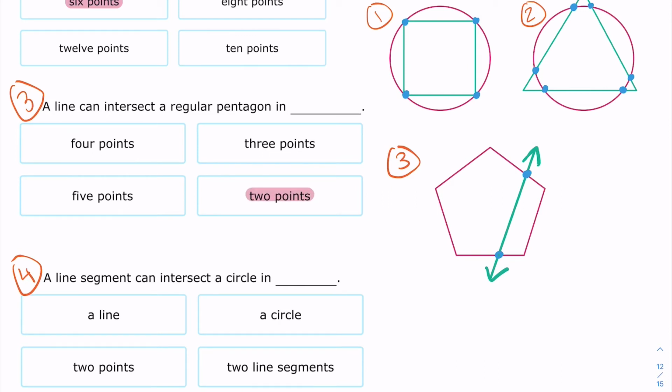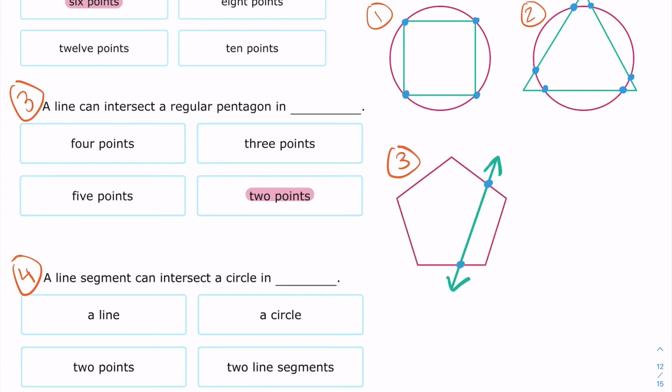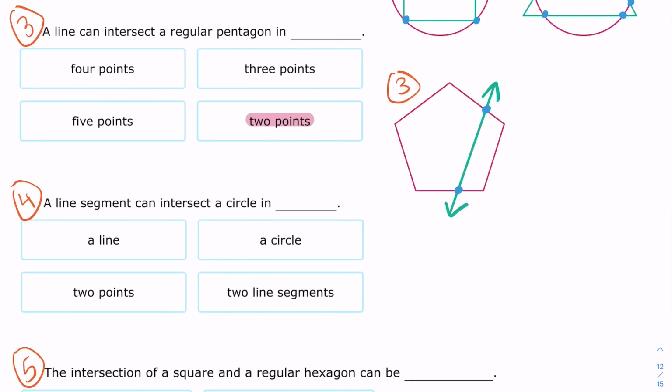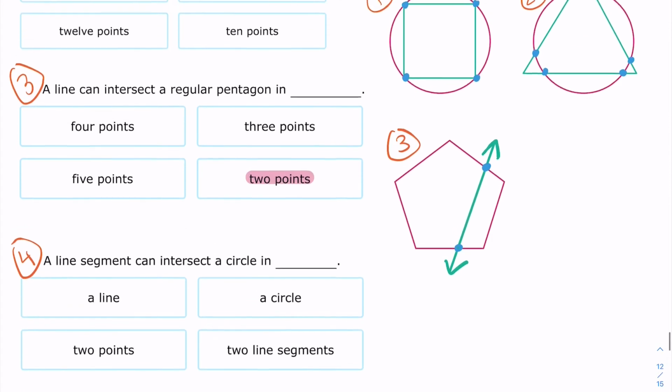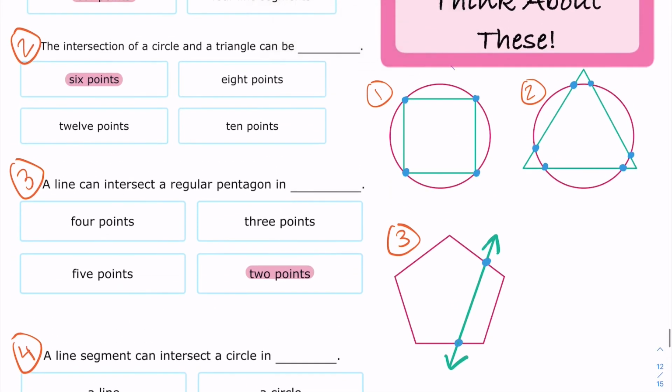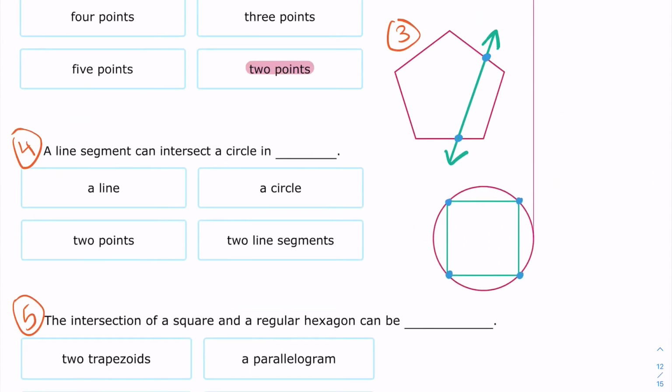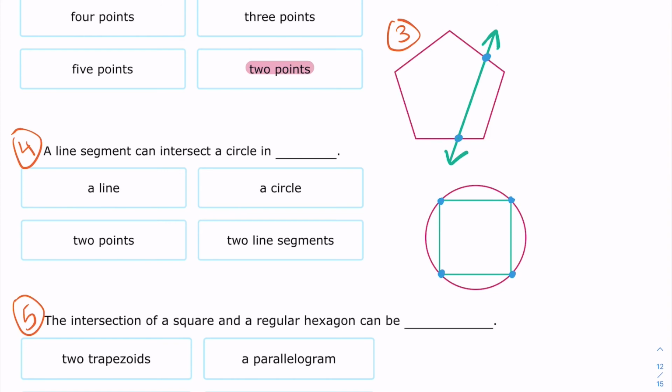All right. Number 4, a line segment can intersect a circle in how many points? A line segment can only intersect a circle at 2 points, or like 1 point maybe.